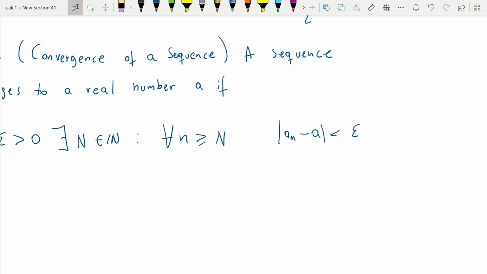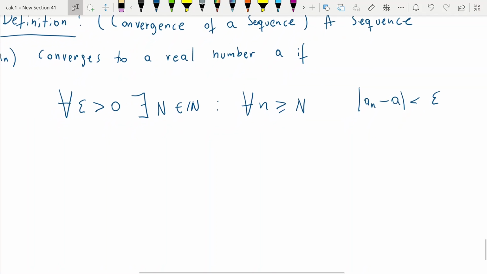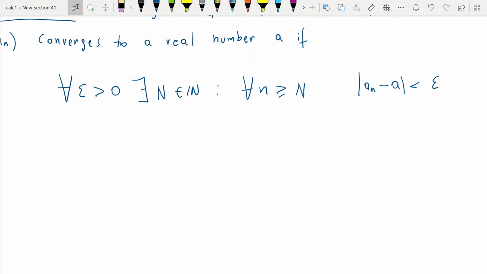It can take on smaller values than a. Maybe it's oscillating, so it's not always getting closer and closer necessarily. But beyond a certain point, so beyond this N, the values of a_n are trapped in an epsilon neighborhood of this number a, which is the limit.